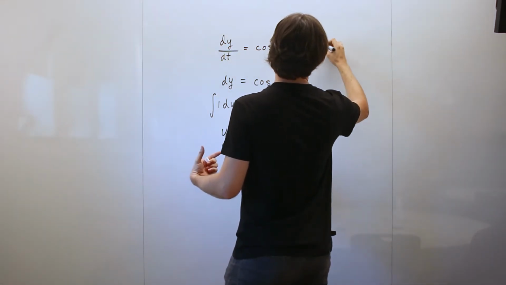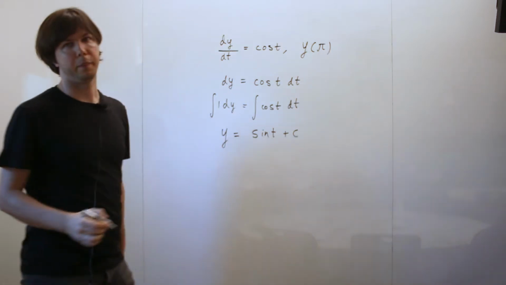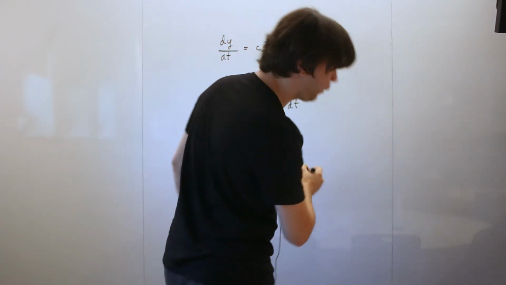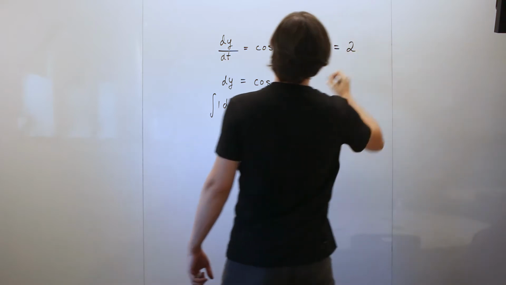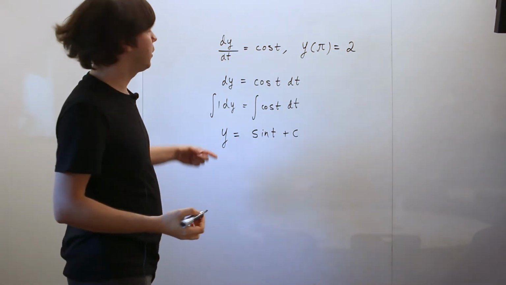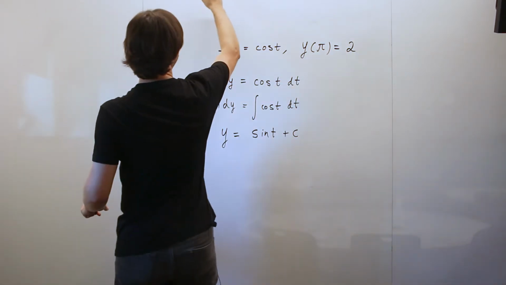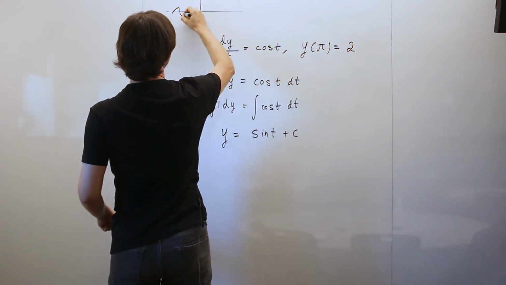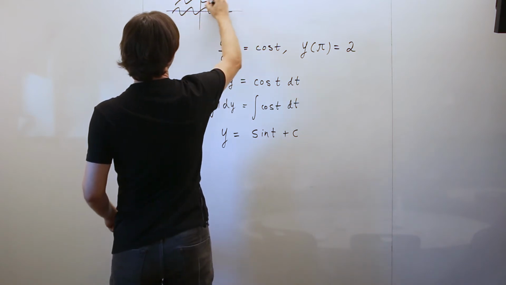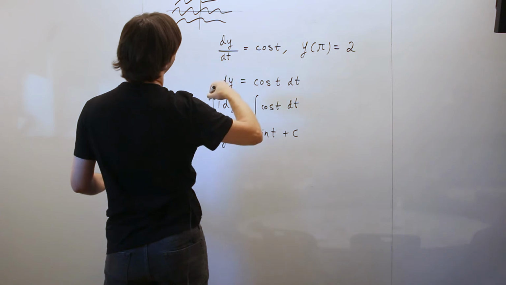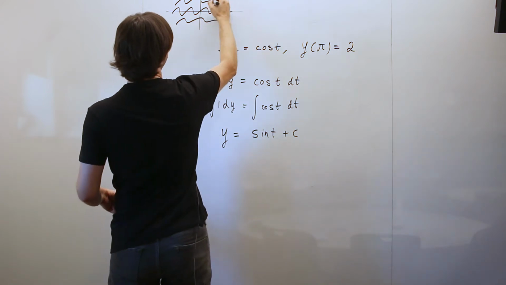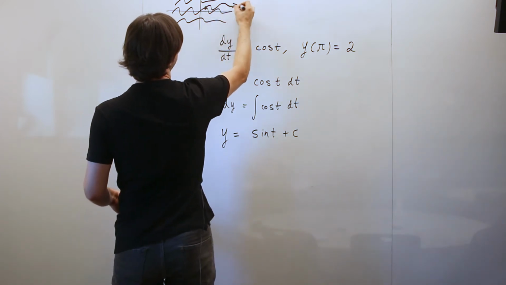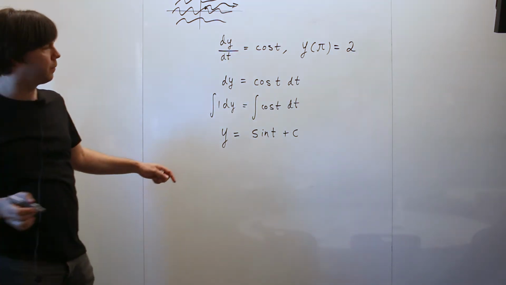Now we need a bit of extra information, so this is called an initial condition. This is saying when t equals pi, the y value there is 2. So what this is essentially saying is dy/dt is cos t. We take a single point somewhere, and then we trace through the slope field.